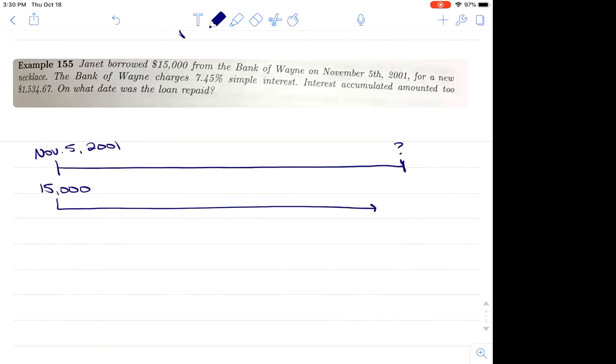And then we draw this arrow saying, okay, it sits there, she borrows this money and she has to pay interest. So in the end, she has to pay back 15,000 plus 1,534.67, which is 16,534.67.